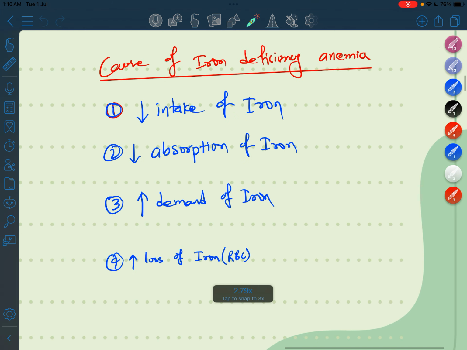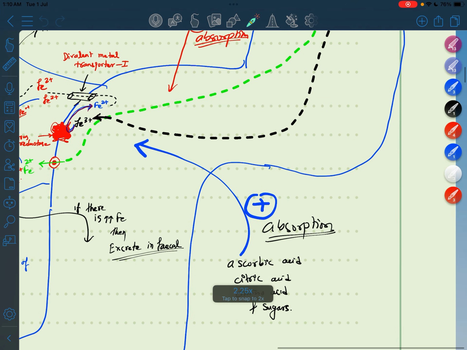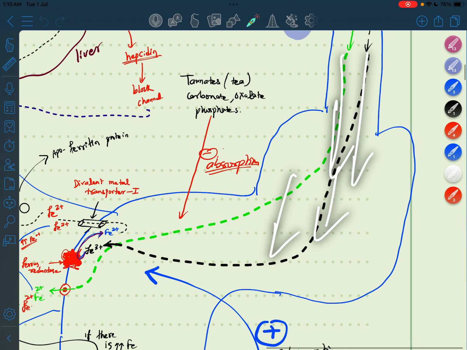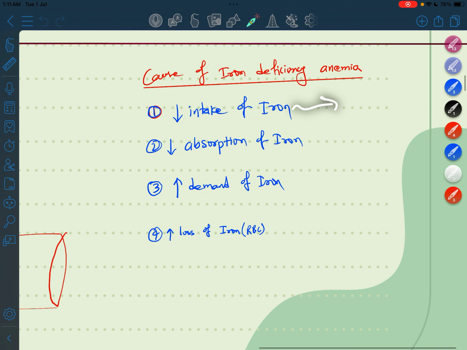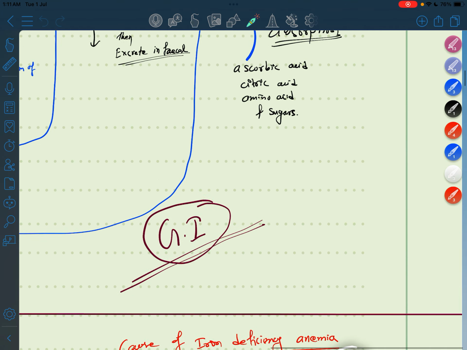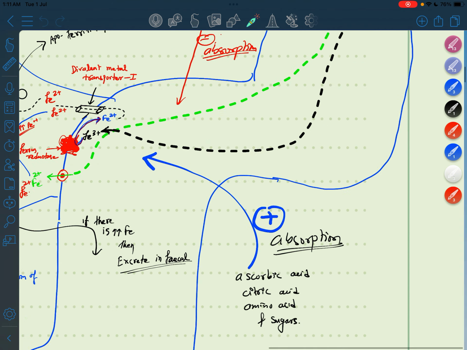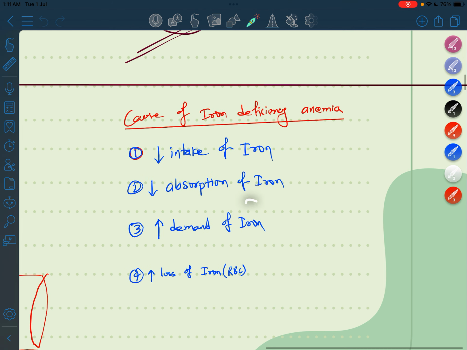So when we look at the causes of iron deficiency anemia, first there is intake of iron. If there is decreased intake, like no meat products, that leads to iron deficiency. If absorption is decreased, such as with the use of tannate, carbonate, oxalate, phosphate and other things, or a blocker of the divalent metal transporter, that also leads to iron deficiency.